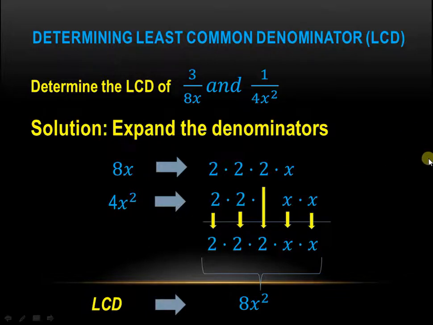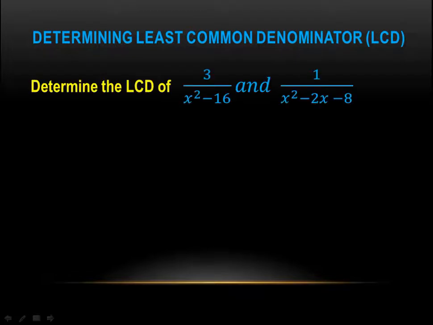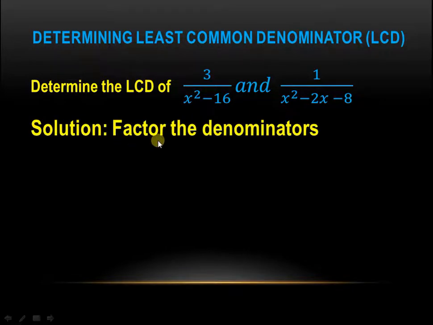Next, we have: determine the LCD of 3 all over x squared minus 16 and 1 all over x squared minus 2x minus 8. This one, we cannot expand, but we can factor it.